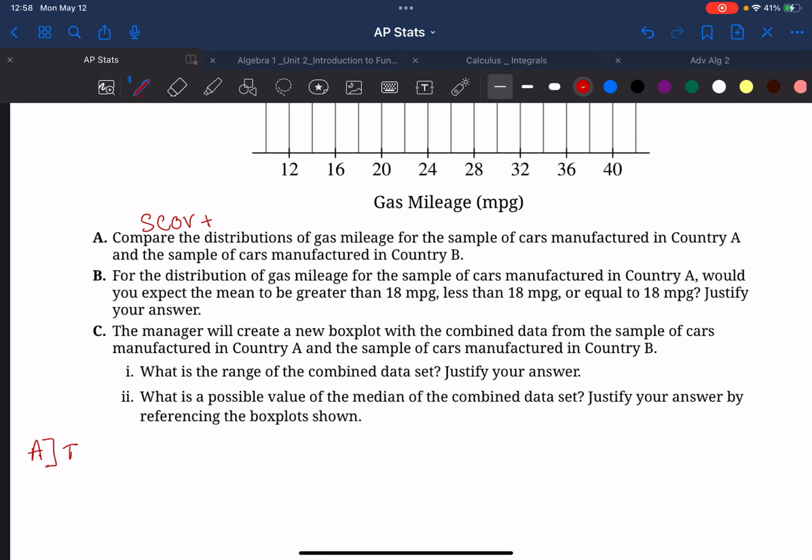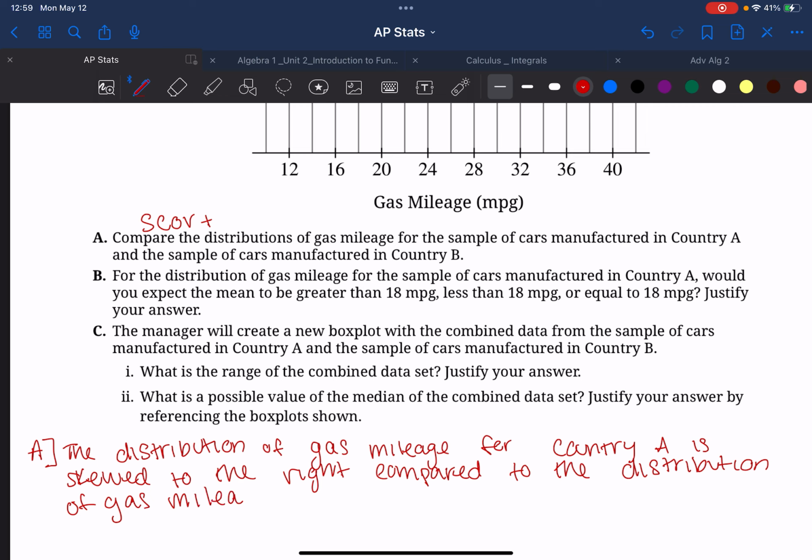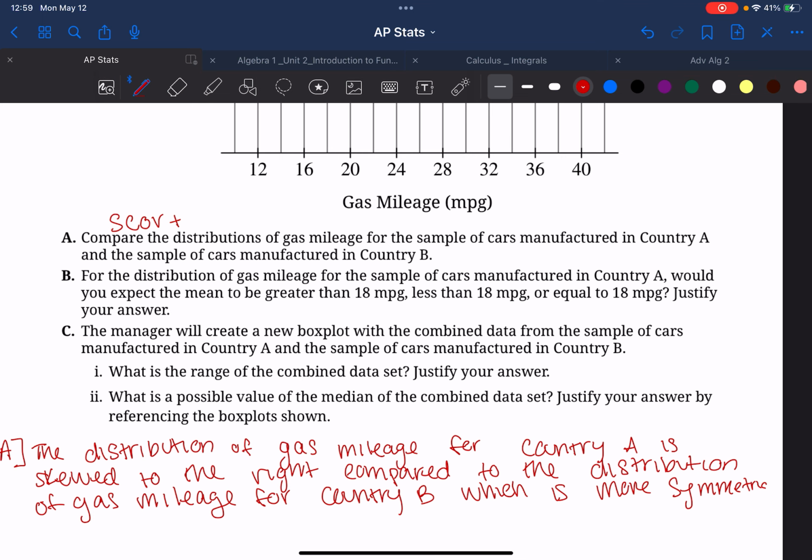I would say the distribution of gas mileage for country A is skewed to the right compared to the distribution of gas mileage for country B, which is more symmetrical.